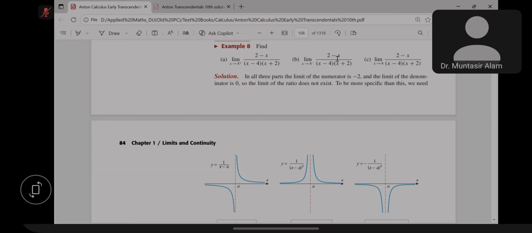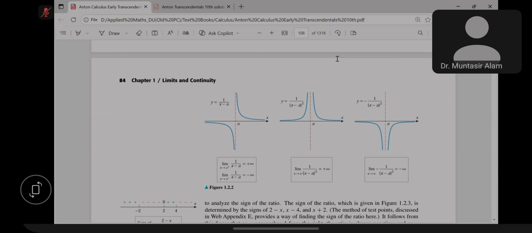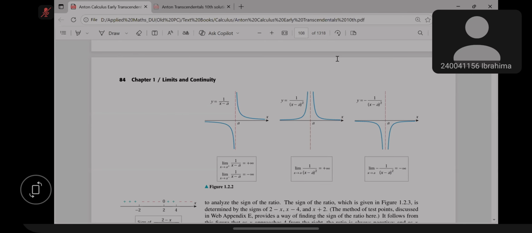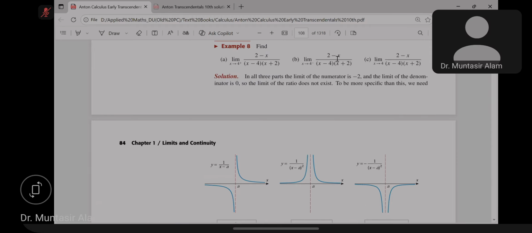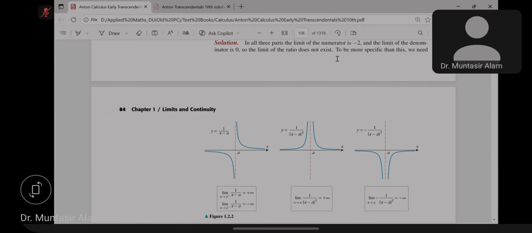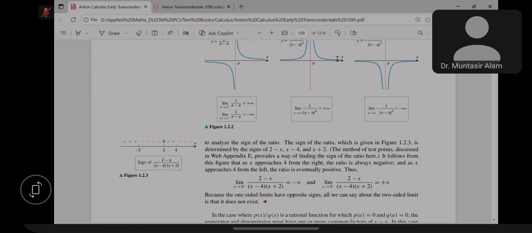And here, negative. What about the ratio finally? Negative. So the answer is infinity, but it should be negative infinity. So you can clearly understand the idea from here.